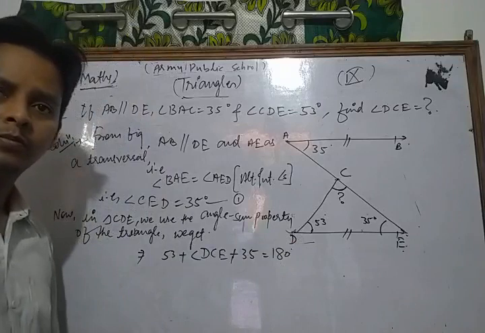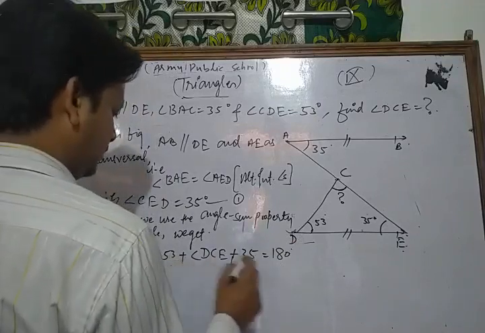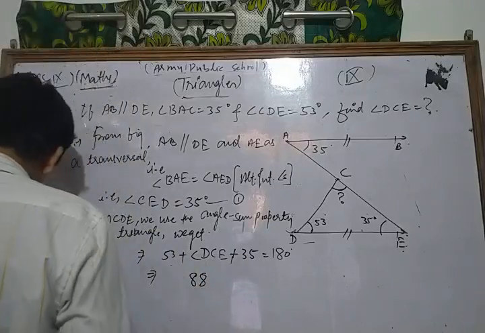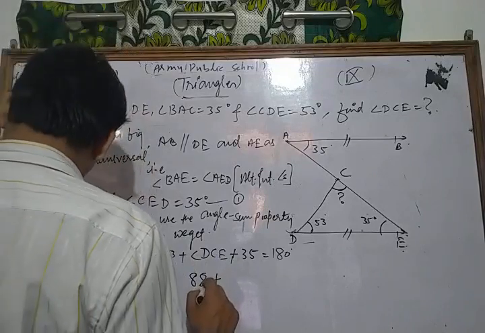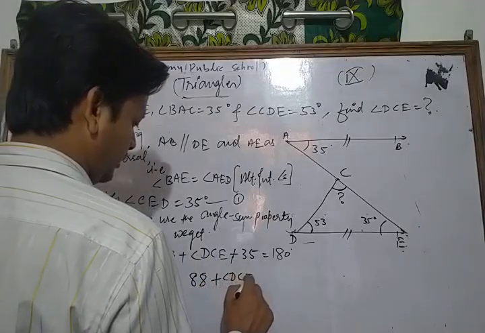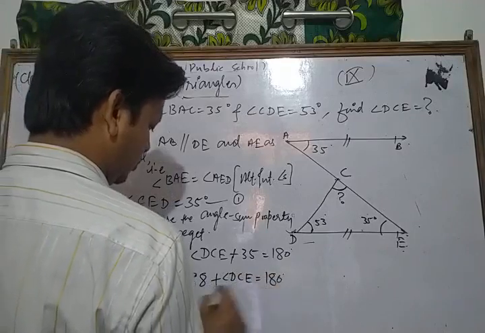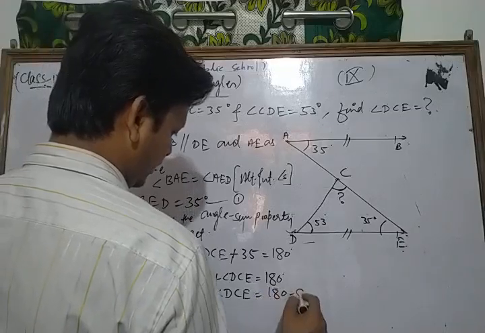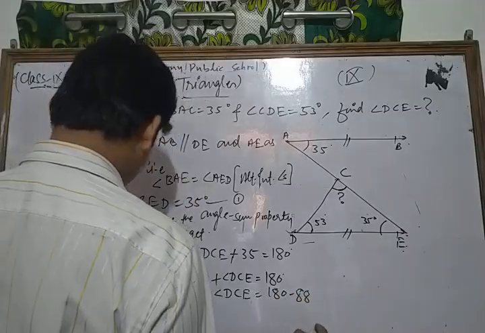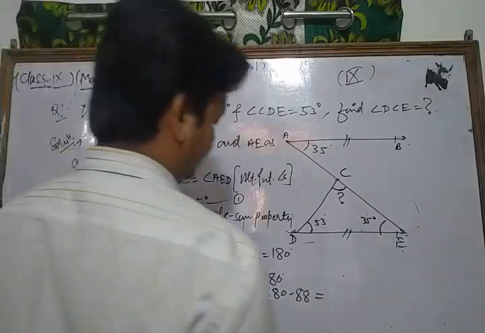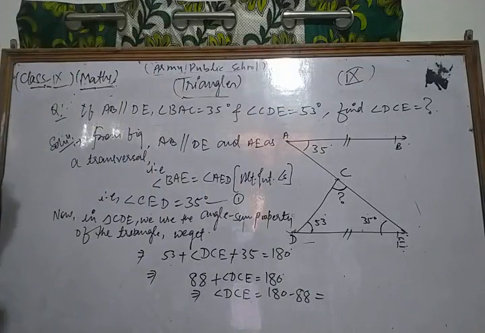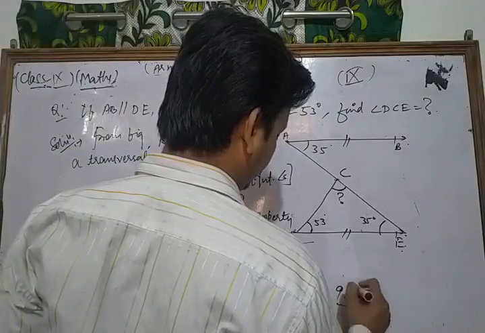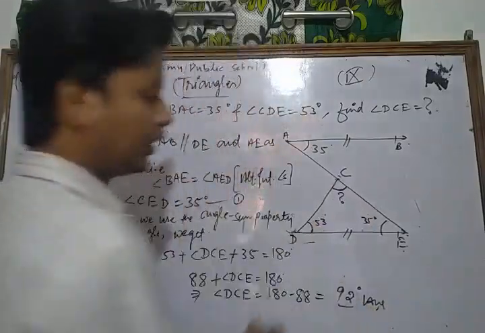Now you get 88 plus angle DCE is equal to 180, so from there angle DCE is equal to 180 minus 88, which is 92 degrees. So angle DCE is equal to 92 degrees.